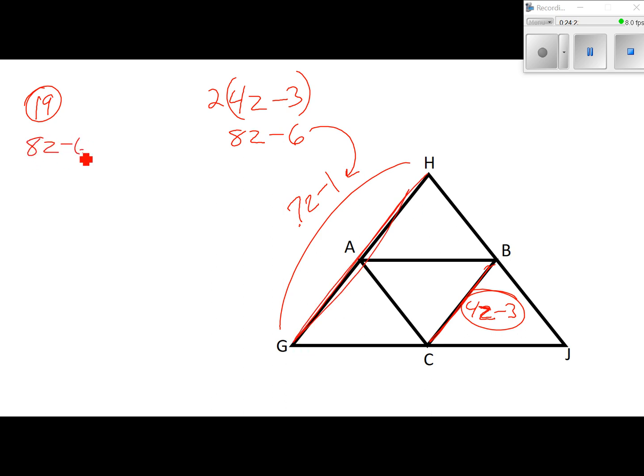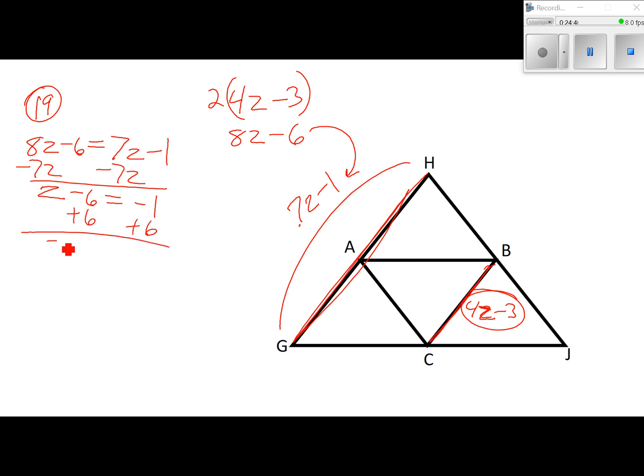We solve this, end up with z minus 6 equals negative 1. Add 6, end up with z equals 5.